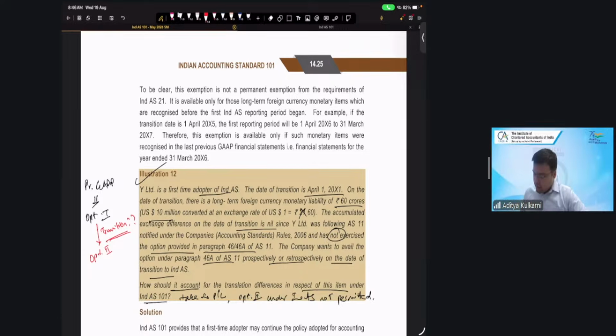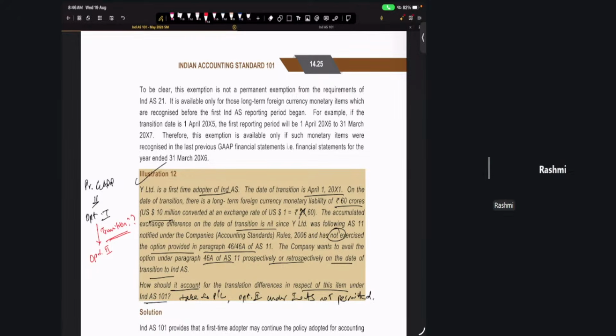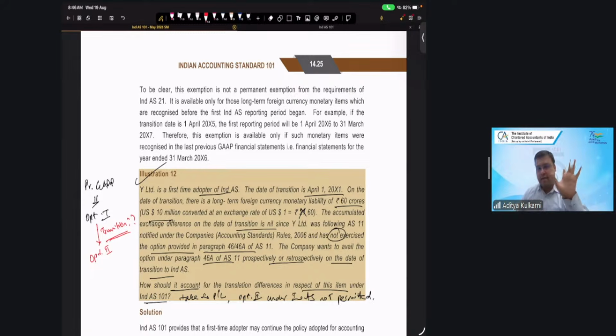So how should it account for the translation differences under Ind AS 101? Continue to hit the P&L. You cannot avail the option of taking it to FCMITDA. So that is illustration 12 for you. Okay, next.